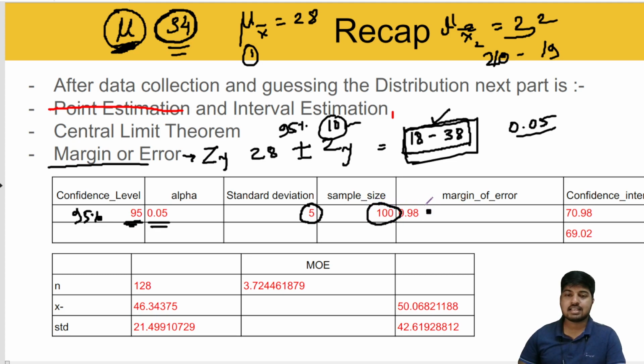In that case, I calculated my margin of error, which was 0.98, and because my average was 70 last time, the confidence interval becomes 70 plus 0.98 and 70 minus 0.98.